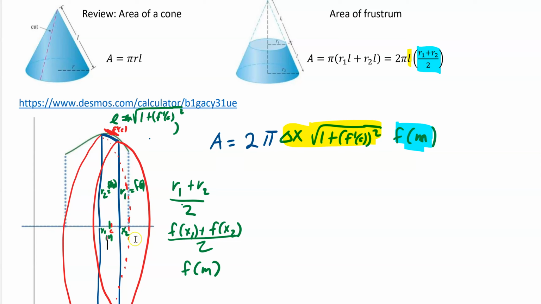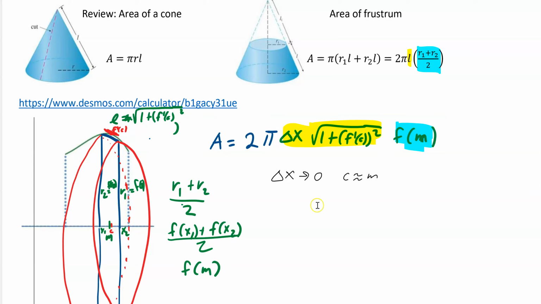And so if you think about it this way, as our delta x is approaching 0, because the distance between them is just going to shrink down as we increase the number of these little shapes that we make, just like before. So the limit as n approaches infinity here, our delta x is going to be approaching 0. What will happen is our c and m basically become very, very close. So c becomes approximately m. They become the same thing.